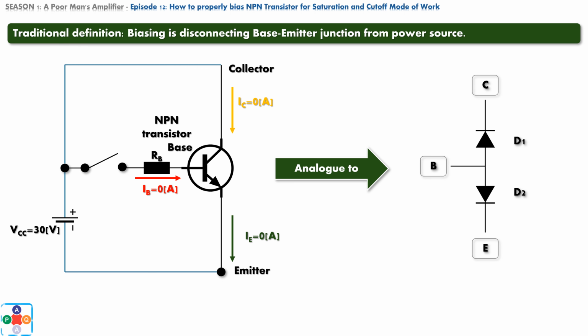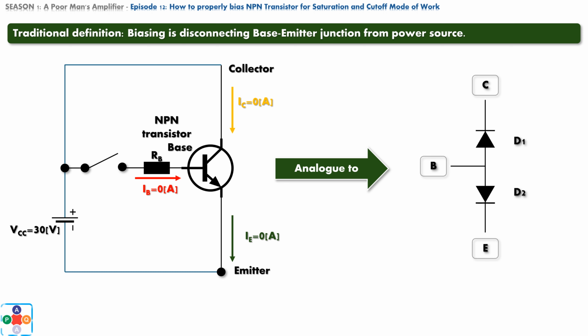We have talked about this equivalency scheme a couple of times in our previous videos, and also in this one, so we will just briefly mention, that this two diodes model is used to explain certain behaviors of NPN transistor. By placing two diodes in series like this, you will not get NPN transistor. Function of this model is to help us explain how two PN junctions behave when certain conditions are met.